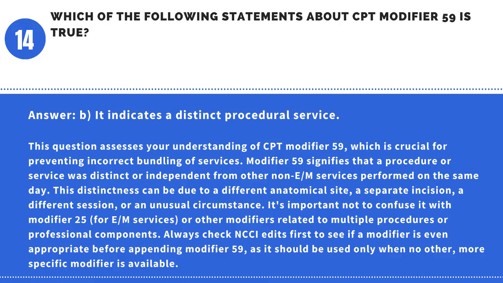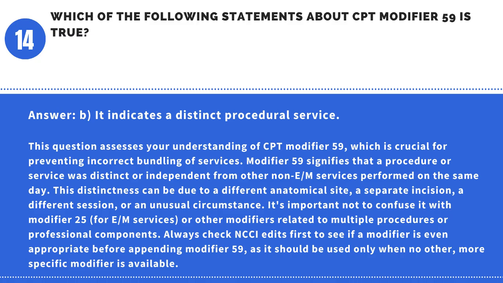This question assesses your understanding of CPT modifier 59, which is crucial for preventing incorrect bundling of services. Modifier 59 signifies that a procedure or service was distinct or independent from other non-E/M services performed on the same day. This distinctness can be due to a different anatomical site, a separate incision, a different session, or an unusual circumstance.